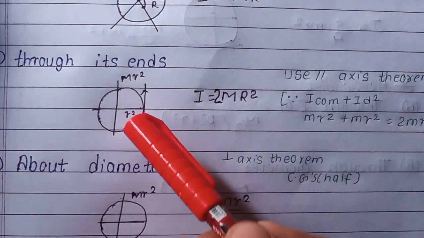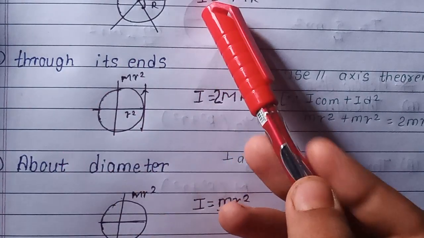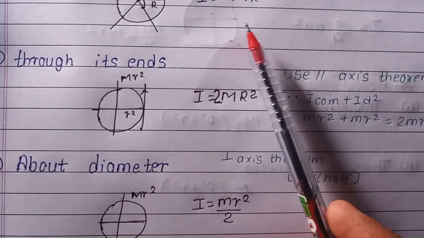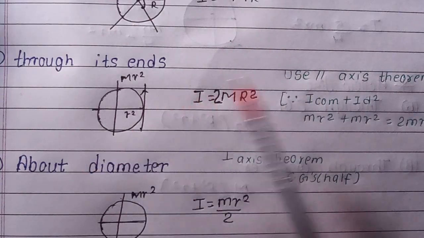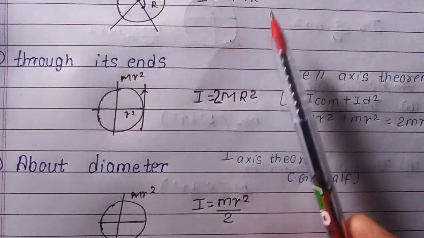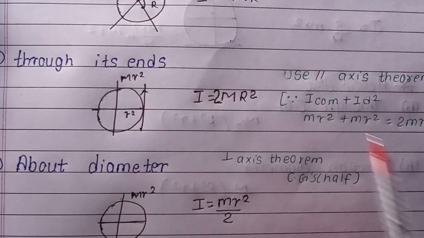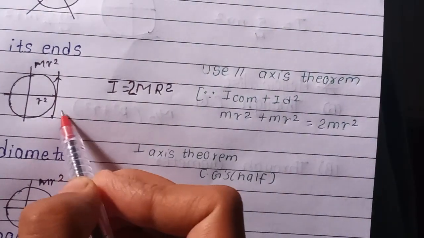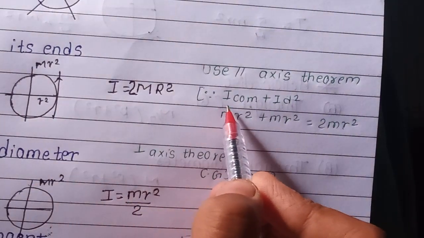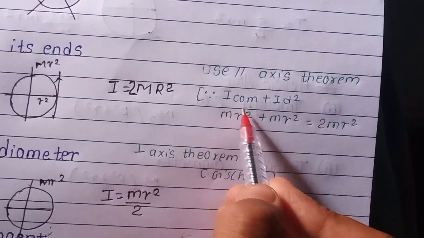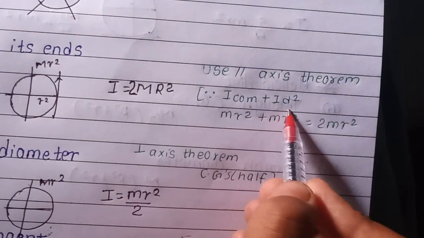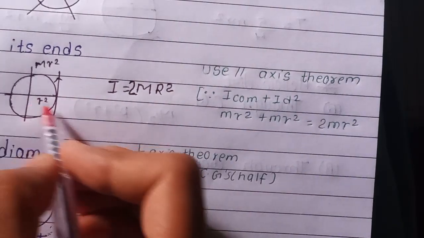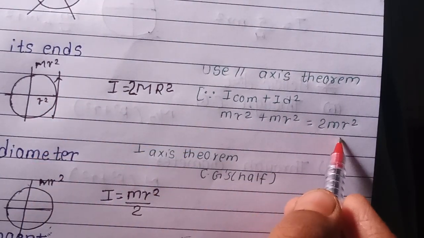Here the distance is r, and the moment of inertia about the center of mass is I is equal to m r square. So we use the parallel axis theorem: I is equal to ICOM, the inertia about the center of mass, plus m d square, m r square plus m r square, which is equal to 2 m r square.